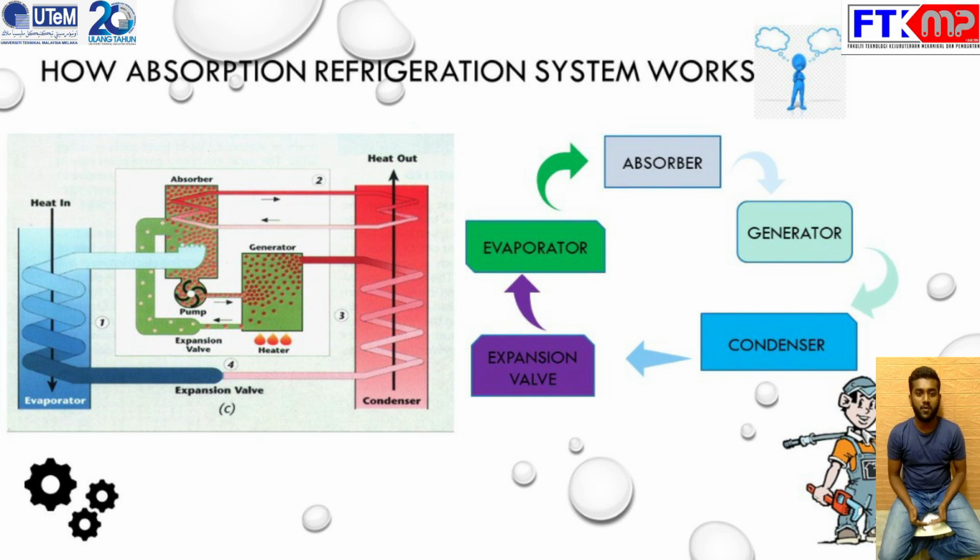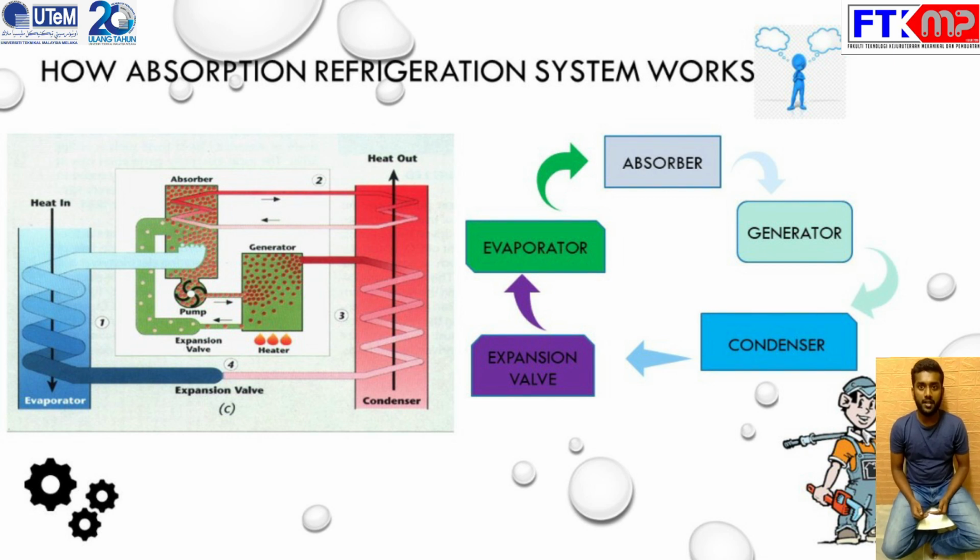Next, I want to explain how the absorption refrigeration system works. The refrigerant solution in the generator is heated by external sources of heat. This can be steam, hot water, or any other suitable source. Due to heating, the temperature of the solution increases, the refrigerant in the solution gets vaporized, and it leaves the solution at high pressure.